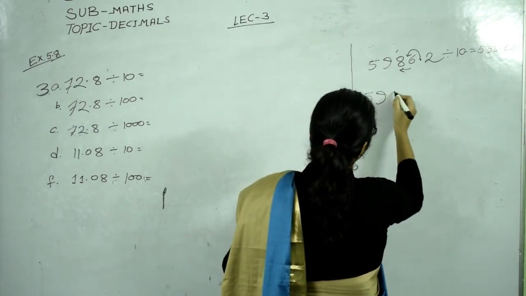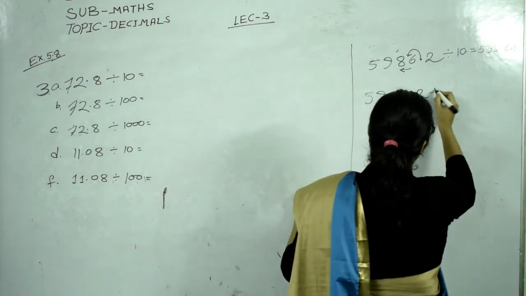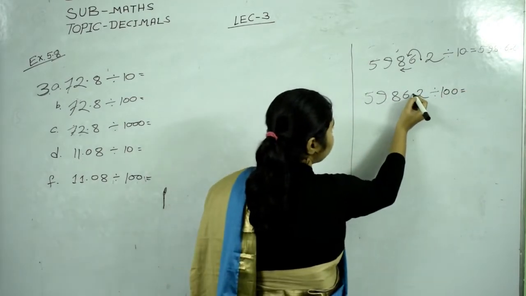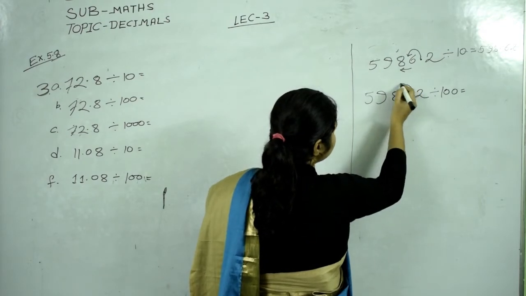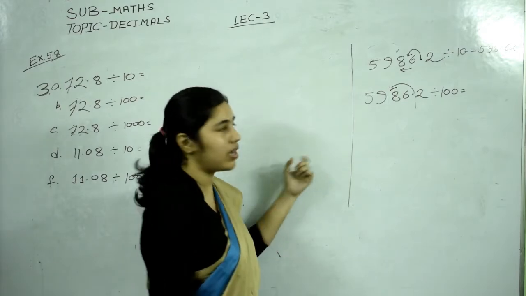Same, if we divide this number by 100, again the point shifts 2 places to the left.